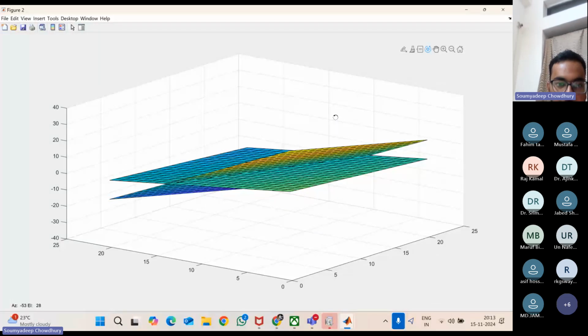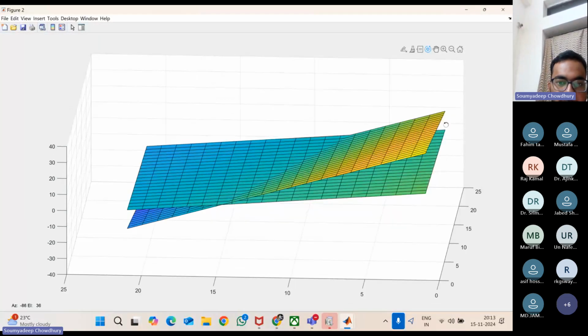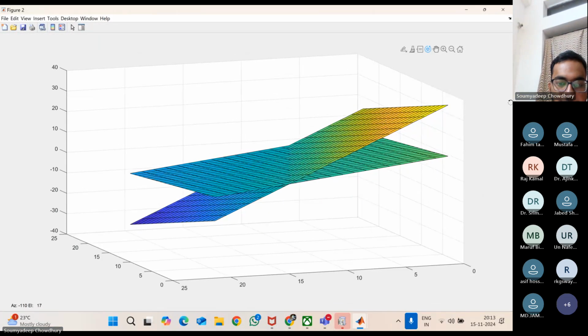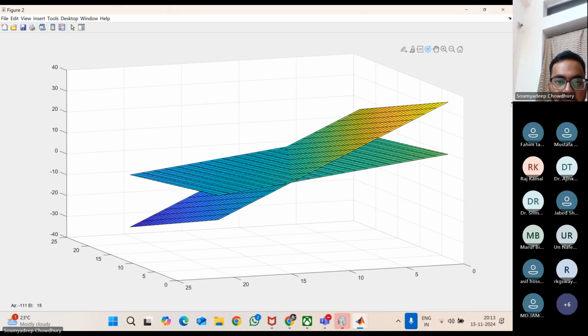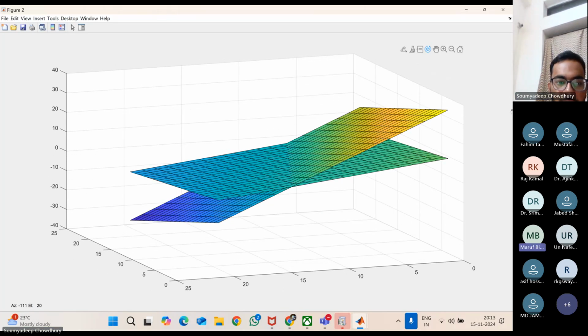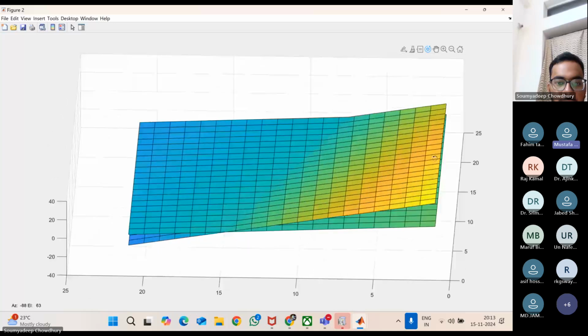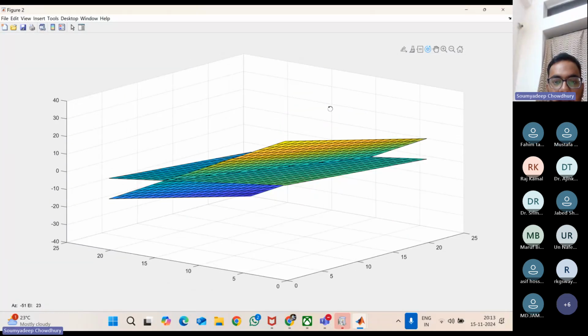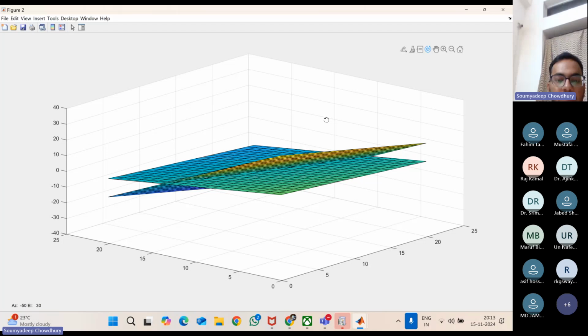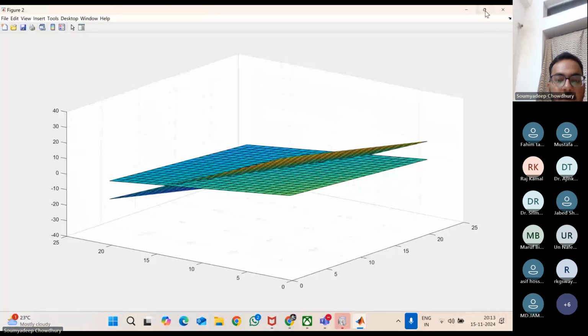Are you able to understand this? Are you able to visualize this thing? Yes, sir. Everyone? Yes, sir. So you can see and visualize that the intersection of two planes is a straight line.